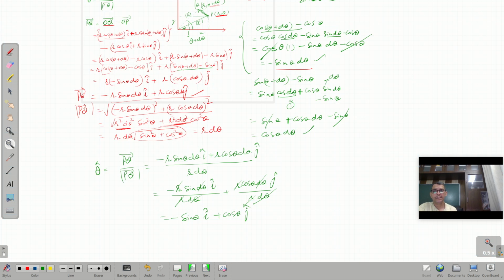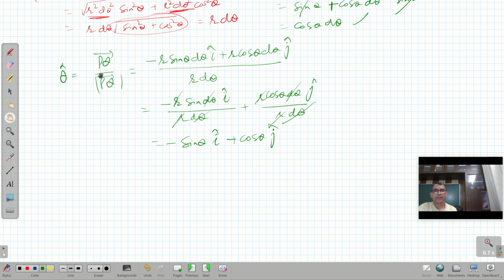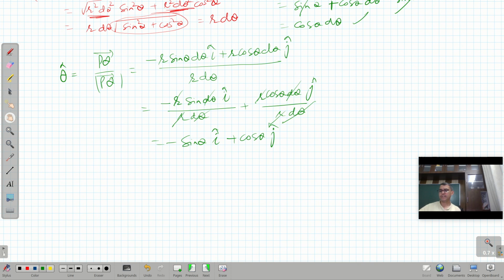In summary, r cap comes out to be cos theta I cap plus sine theta j cap, and theta cap is minus sine theta I cap plus cos theta j cap.